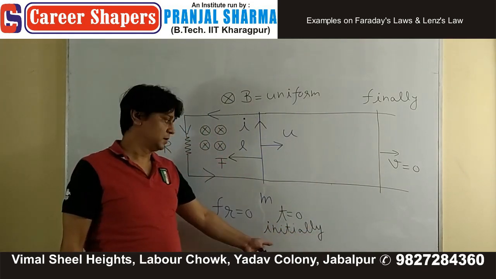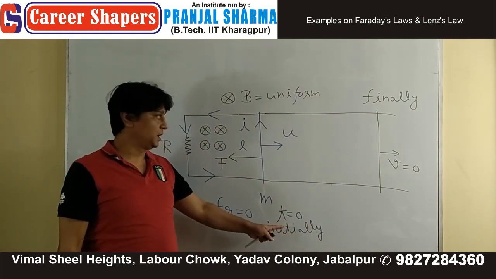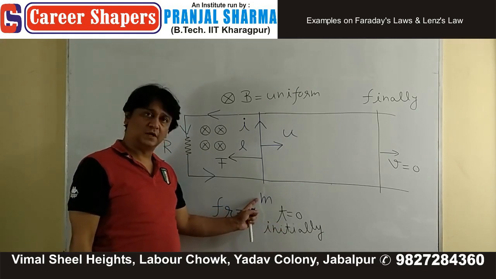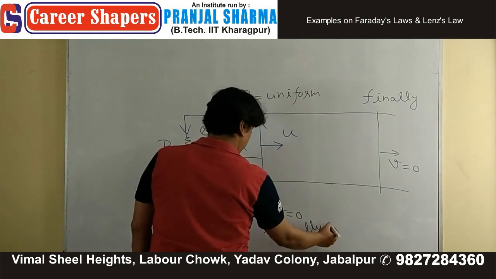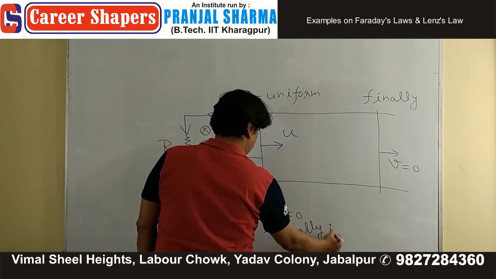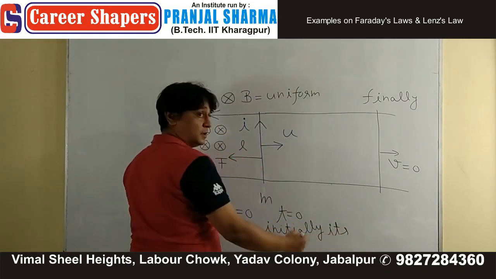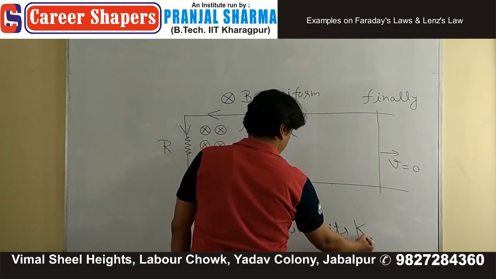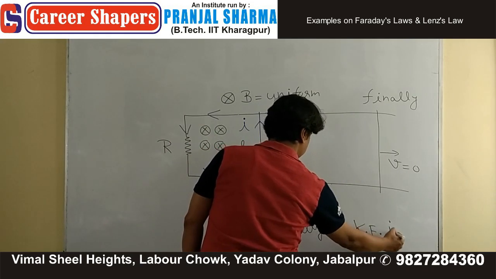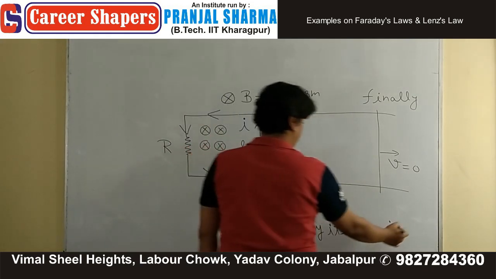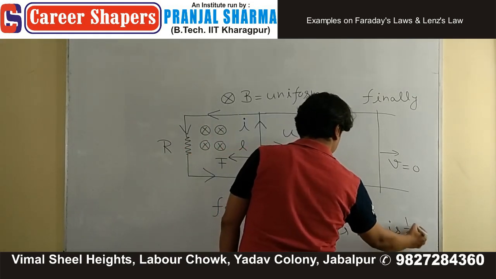Initially, this rod of mass m is moving with velocity u, and therefore initially its kinetic energy is half mu square.